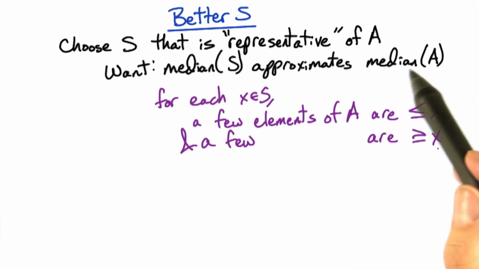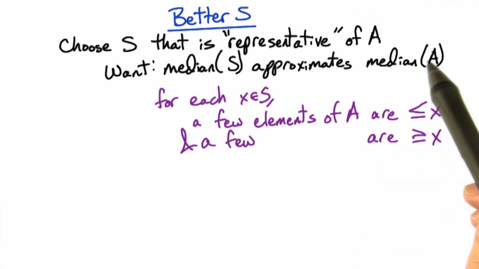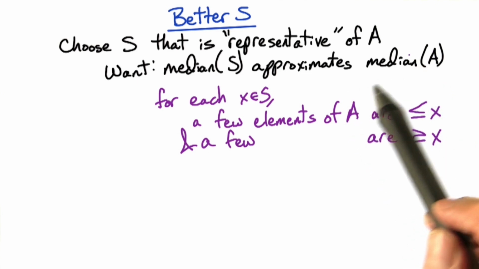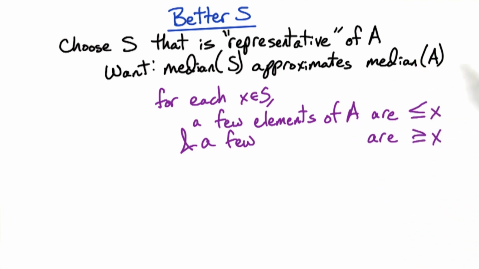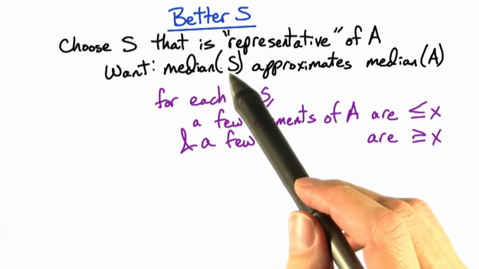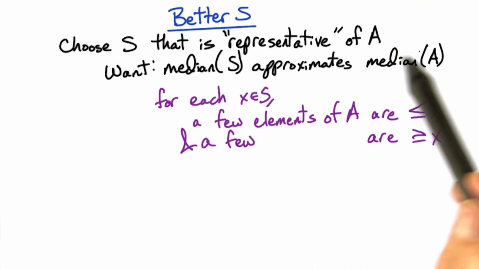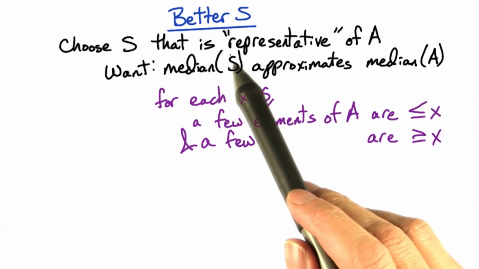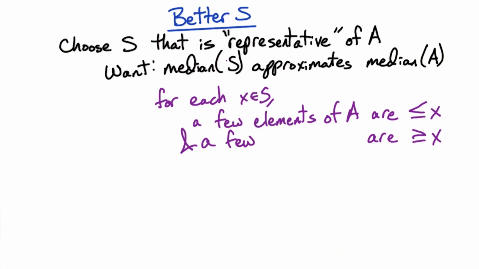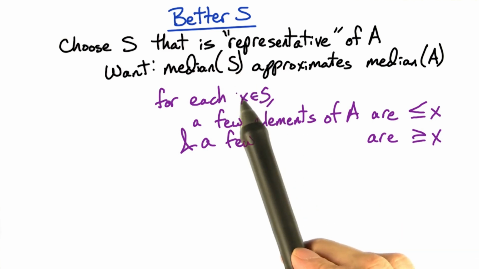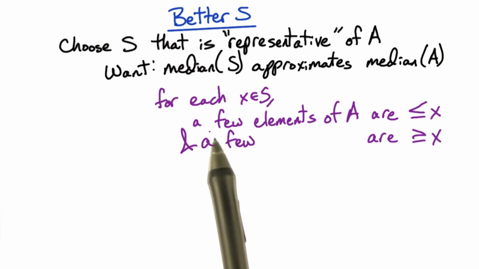Now the median of A has half the elements smaller than it and half the elements bigger than it. Now in order for the median of S to approximate this median, what we want is that each element of S somehow has a similar flavor. So we want that each element of S has the following property.